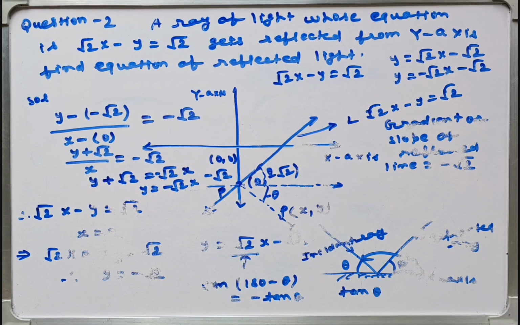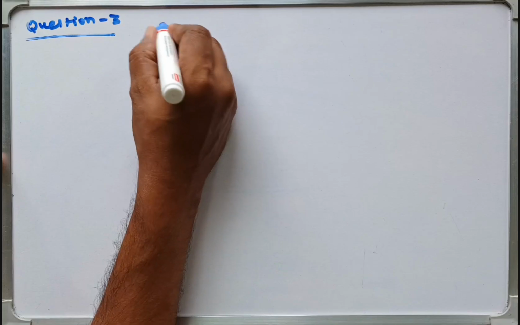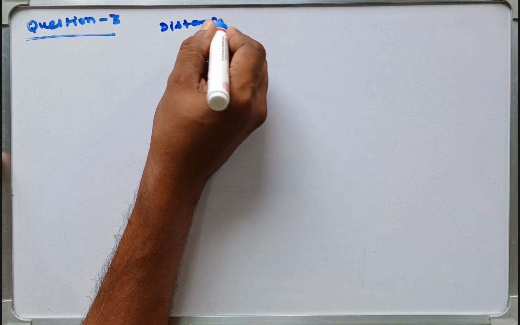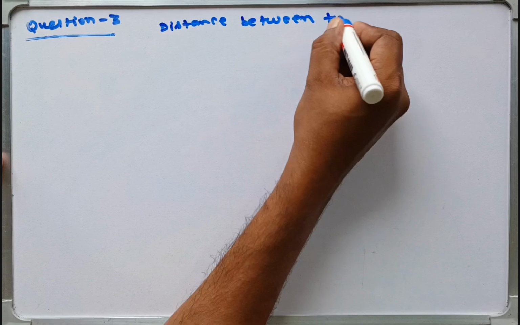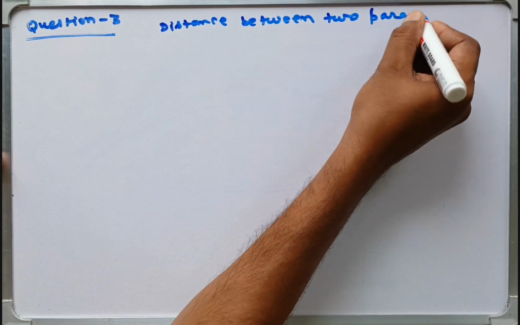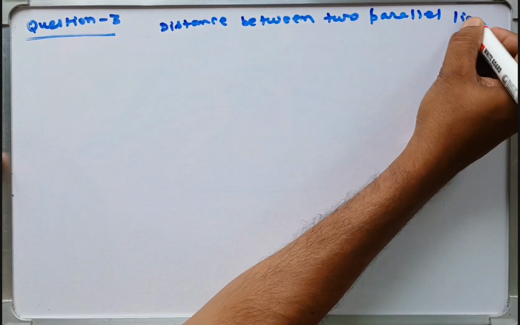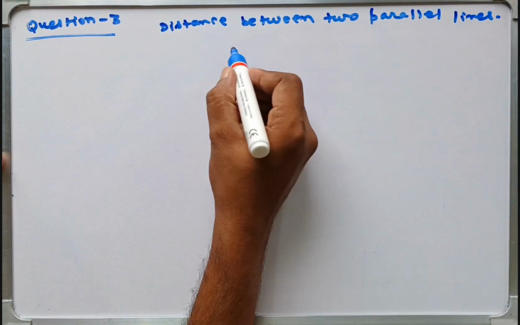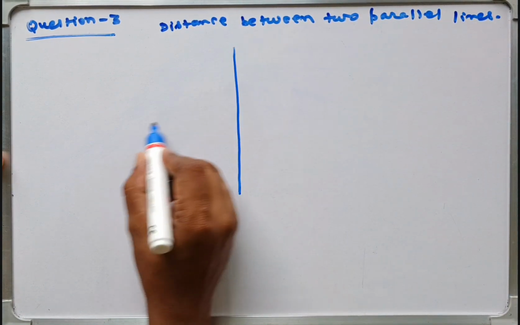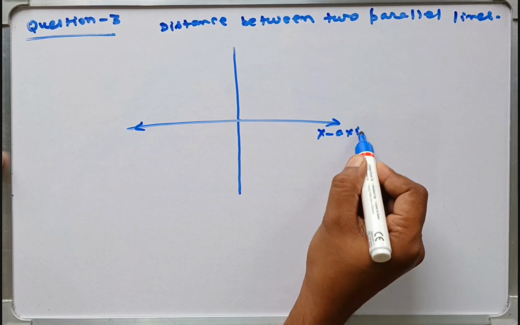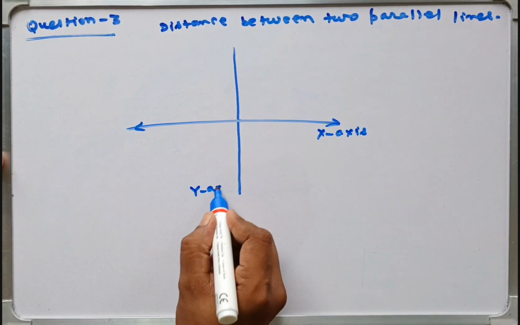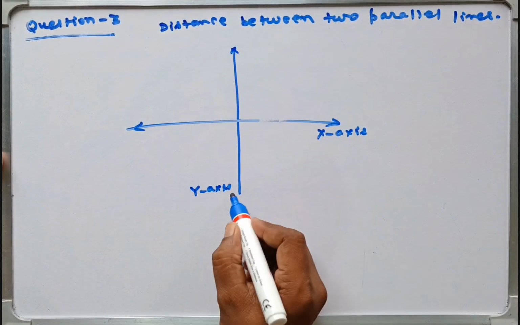Now see question number 3, distance between two parallel lines. So guys, suppose this one is the x-axis and this one is the y-axis, like this.